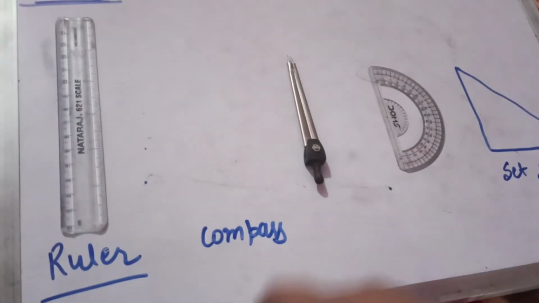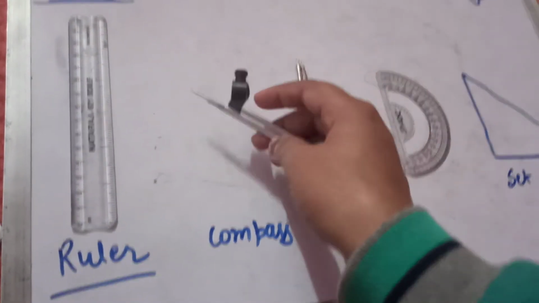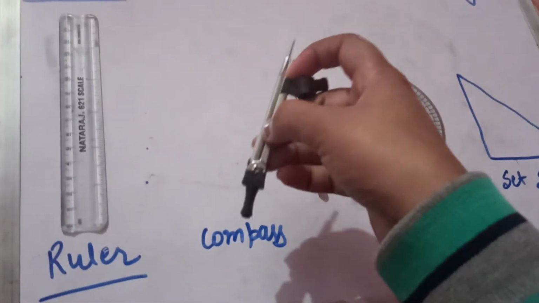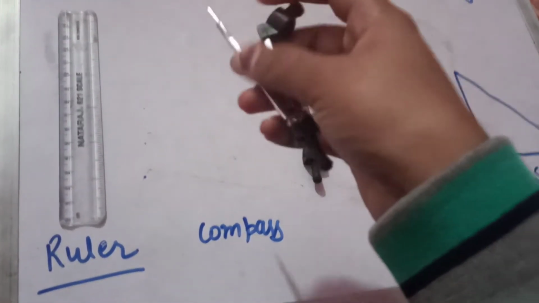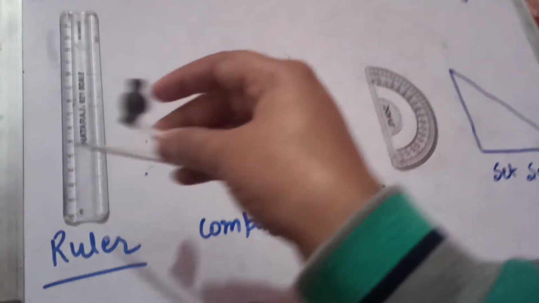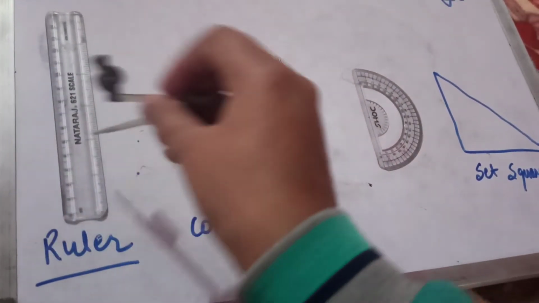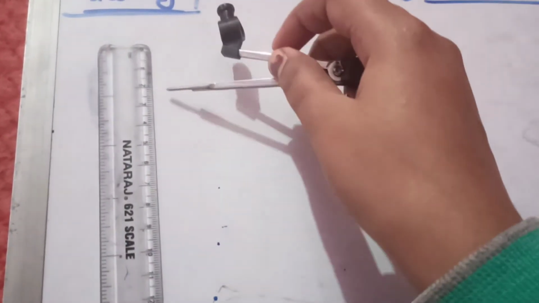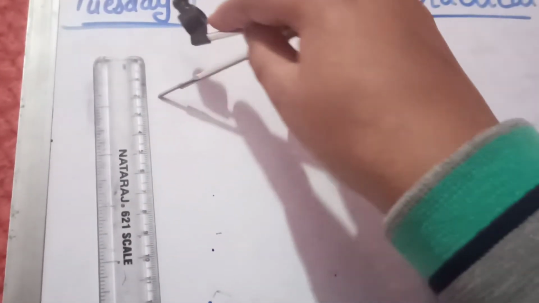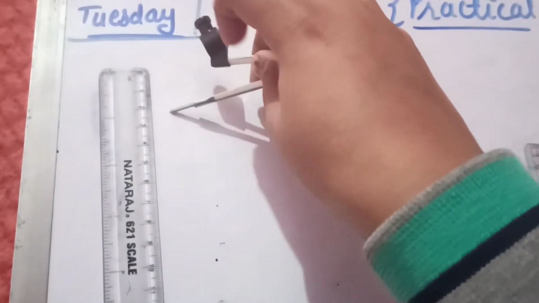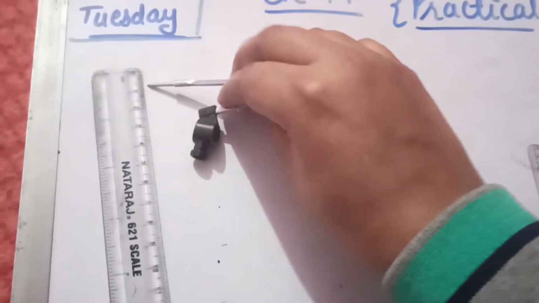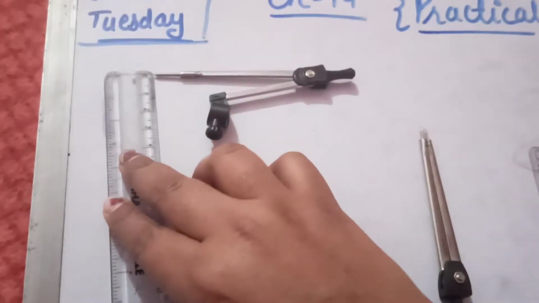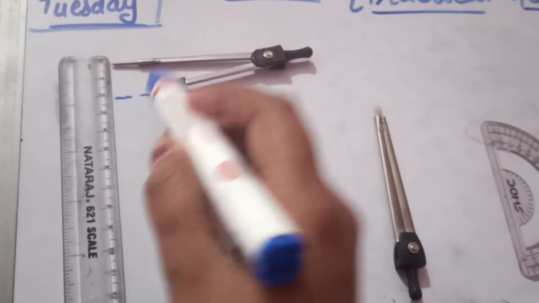We also use it to mark equal lengths without measuring with a ruler. Without measuring with the ruler, how will you mark? Firstly, you will open it as much as you want. If you want a gap of 2 centimeter, put one here, and the pencil tip will come on this, so it will come up to 2.